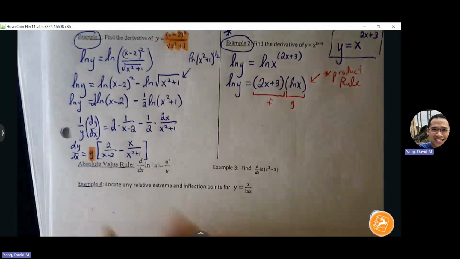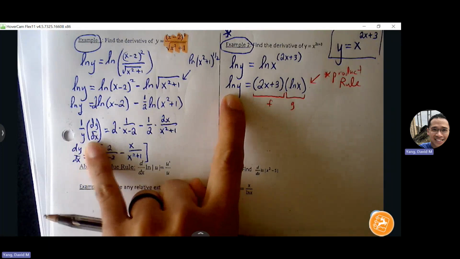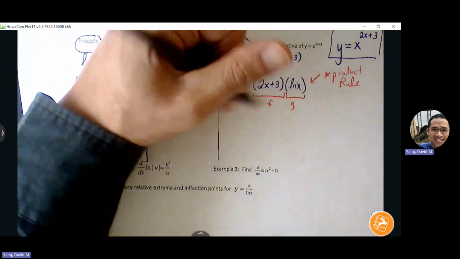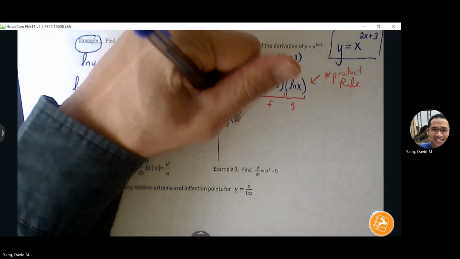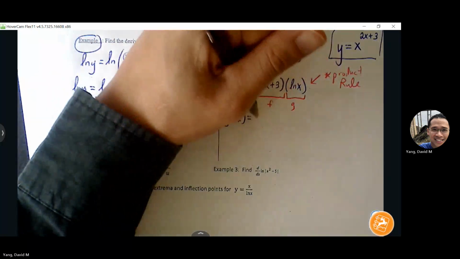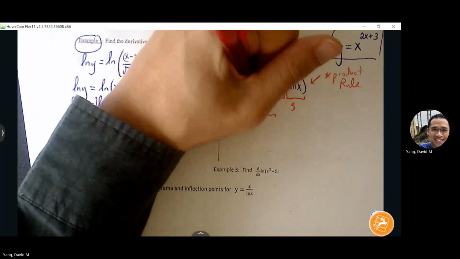Okay. So natural log of y, just like before, that's u prime over u times dy dx. So just 1 over y times dy dx. Product rule, f prime g plus f g prime.